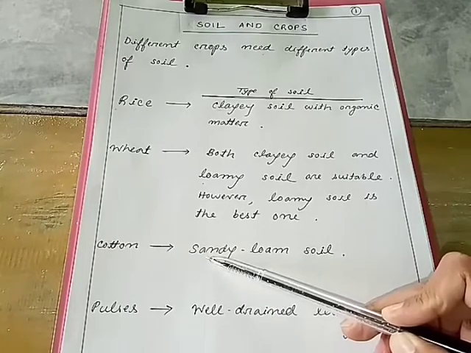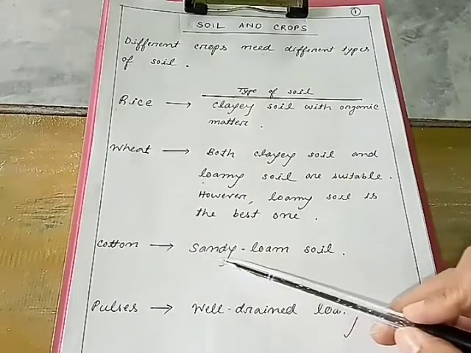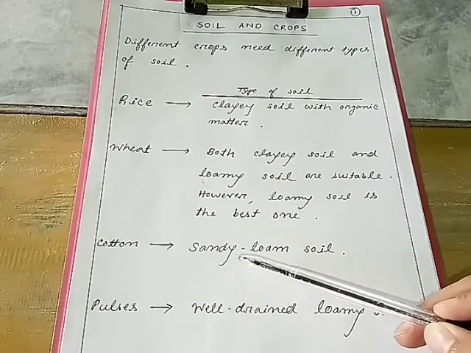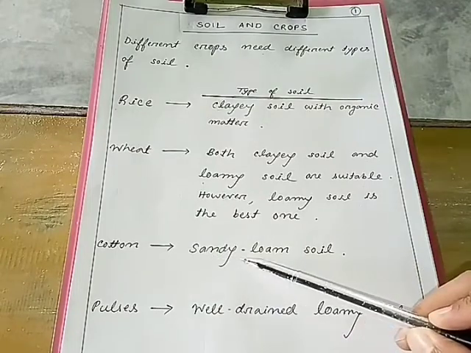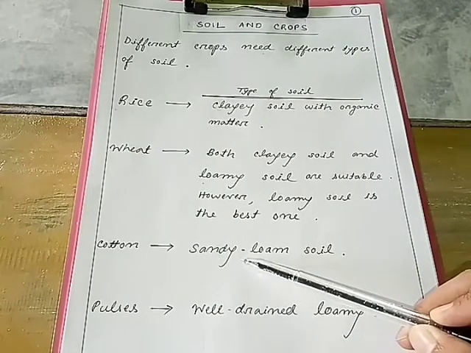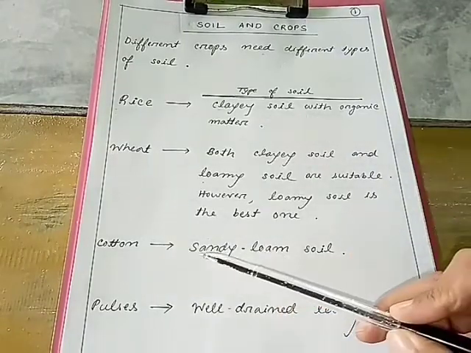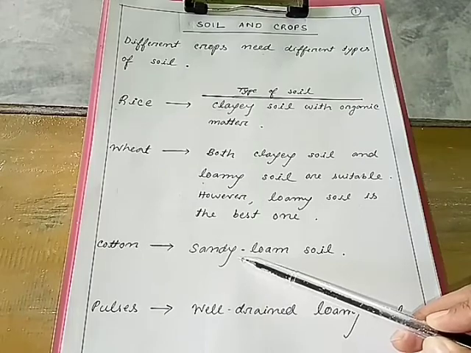What the cotton plants need is more air, and sandy soil can retain much more air than clay soil. That's why sandy soil is mostly preferred to grow cotton plants, because sandy soil can retain more air.